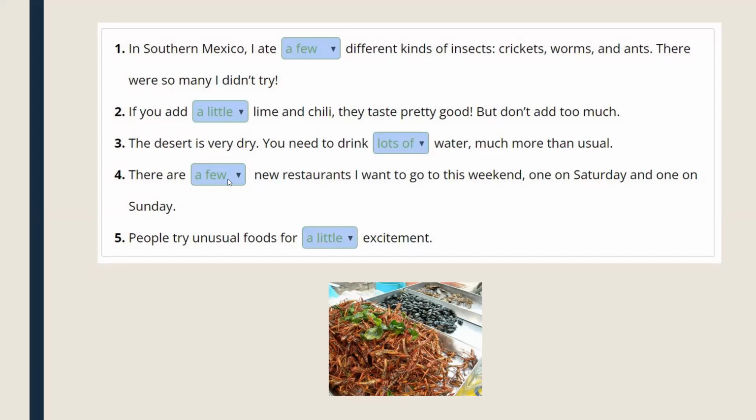If I want to say big amount, if I want to say the word many, this wouldn't make sense. Many new restaurants, one on Saturday, one on Sunday. That doesn't make sense, okay?